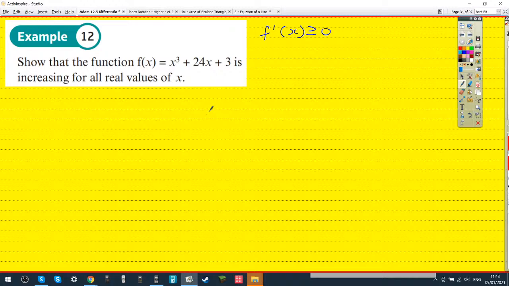So would it be 3x to the power of 2 plus 24 plus 0? 3x squared plus 24 plus 0, which is 24. Okay, how do we show that this is greater than or equal to 0?